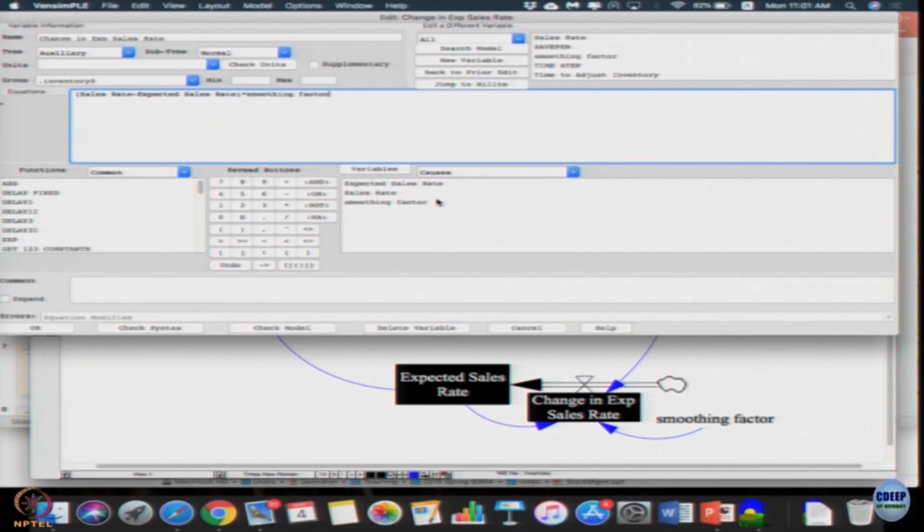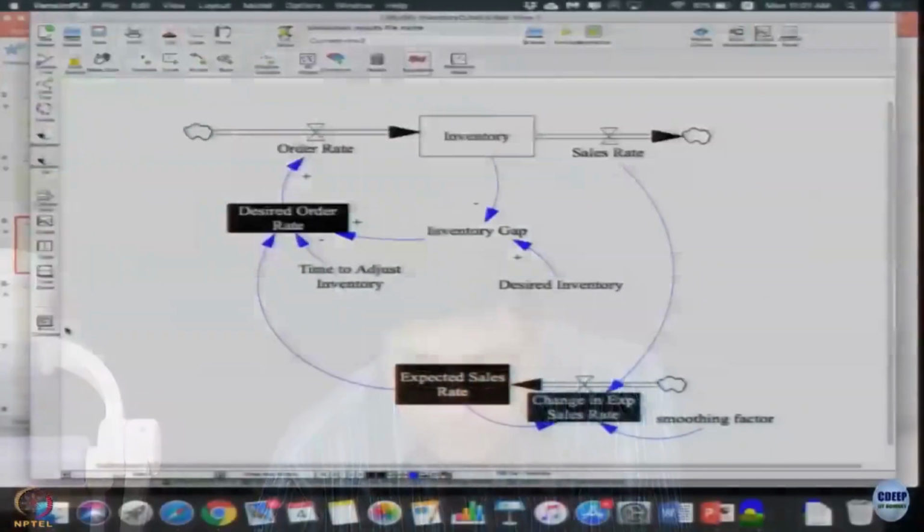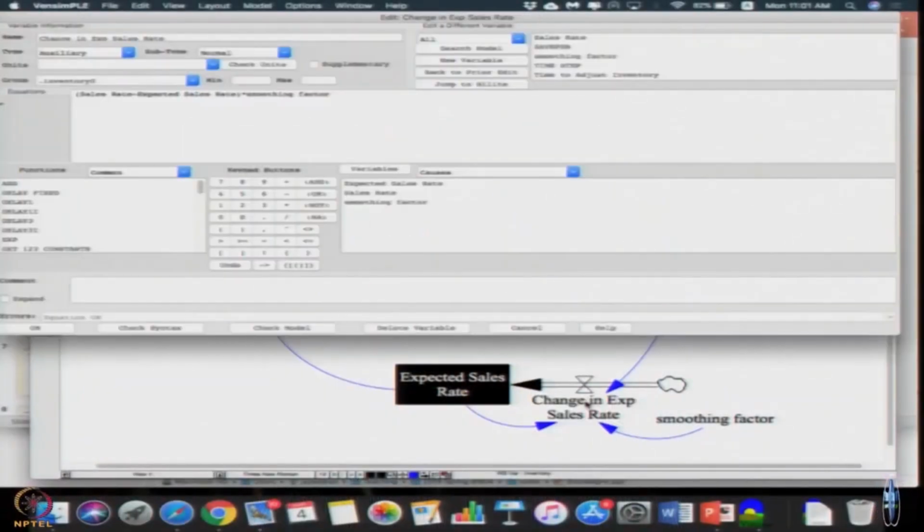So, as sales rate increases, my expected sales rate also needs to increase. So, that is why you are doing sales rate minus the expected sales rate multiplied by the smoothing factor of 0.2. Oops, unit of this is kg per day per day.